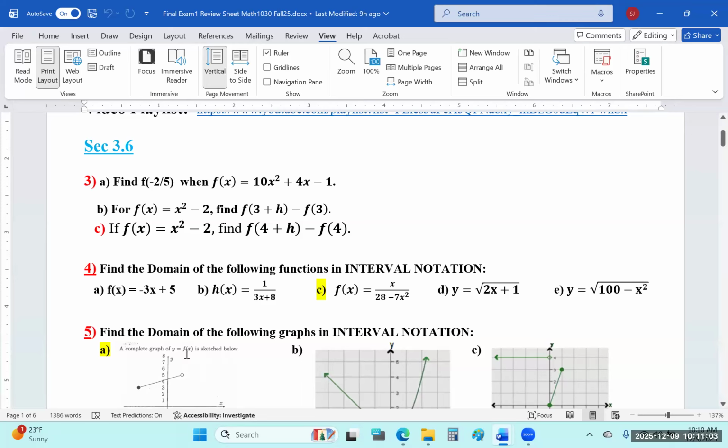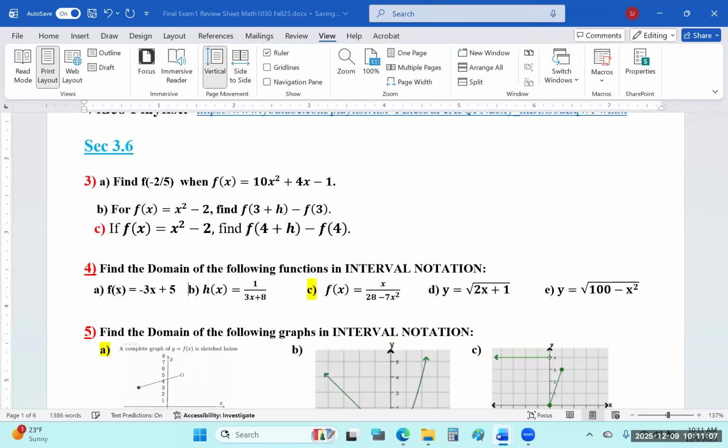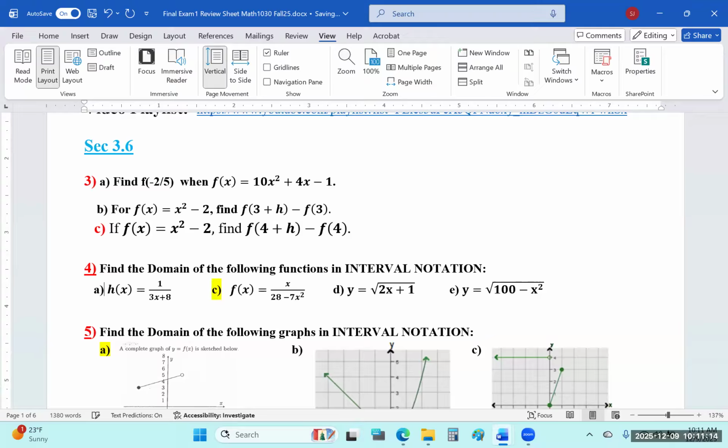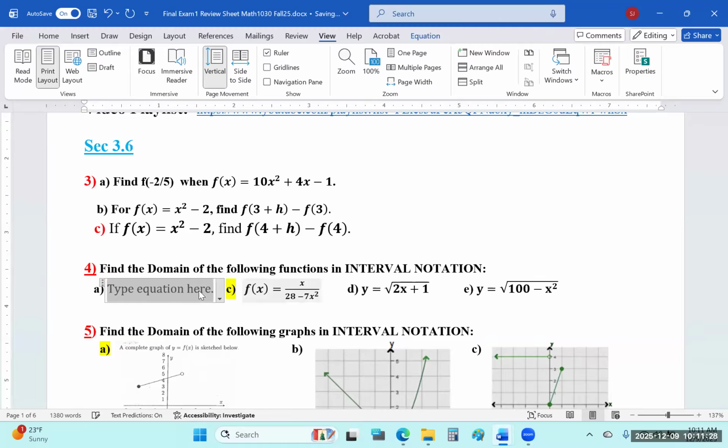Oh, and also this one never comes. So let me omit this one. And also this one is too easy, so they usually don't put these easy ones.